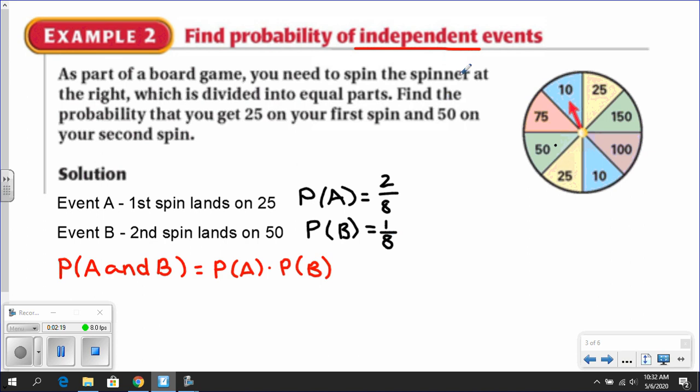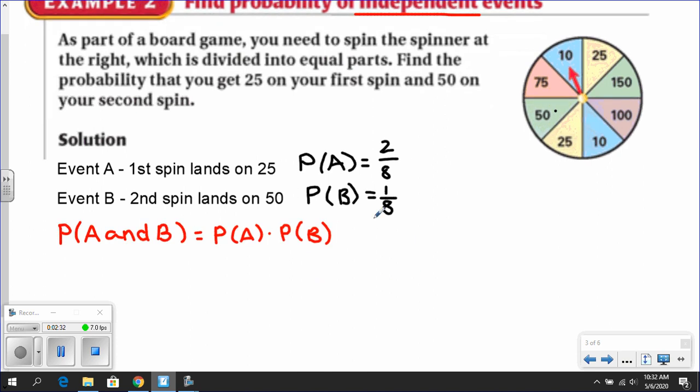Now these are independent events because they don't depend on each other. There's an equal chance of landing on any of these spots since they are equal size. So I'm going to just multiply my two probabilities together. So 2 over 8 times 1/8.